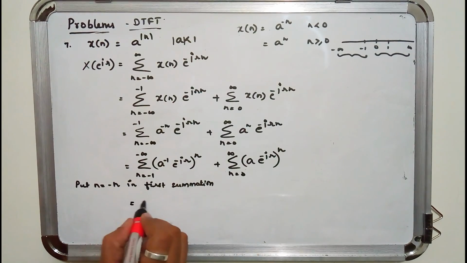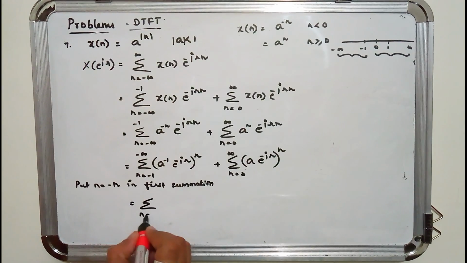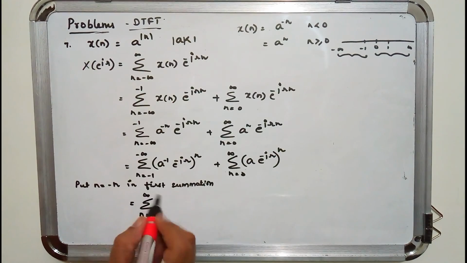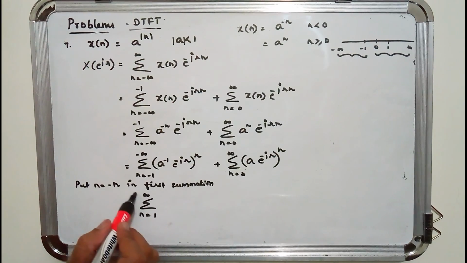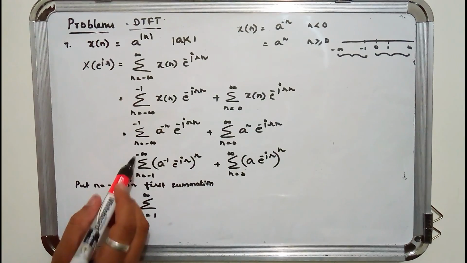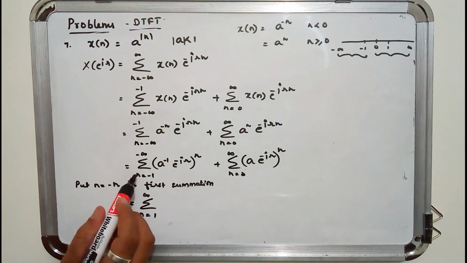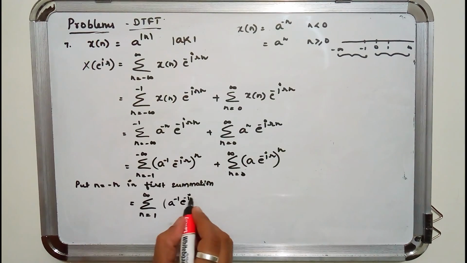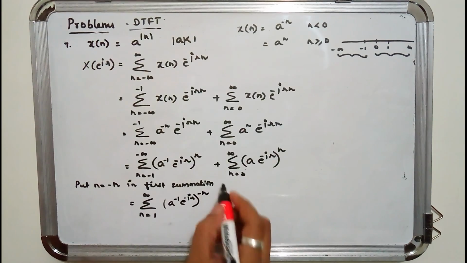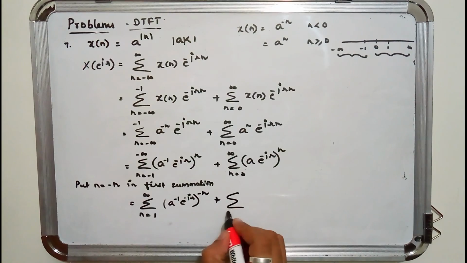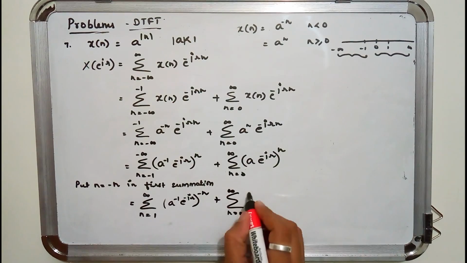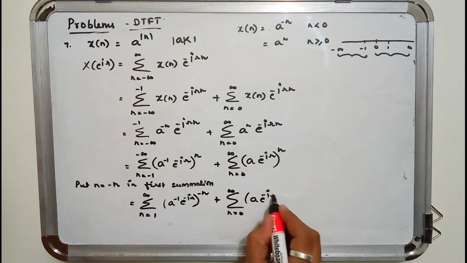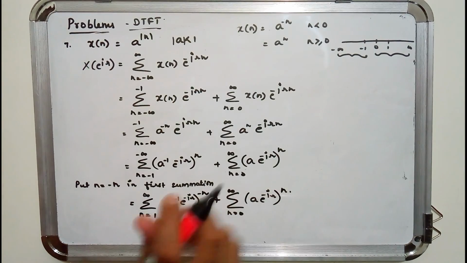So if I put n is equal to minus n, summation n is equal to 1 to infinity I will be getting. The limit of the summation is changed from minus infinity to infinity because I have substituted n as minus n. So I will be getting a power minus 1 e power minus j omega, all power minus n, plus the second summation, which I keep as it is, a e power minus j omega, all power n.